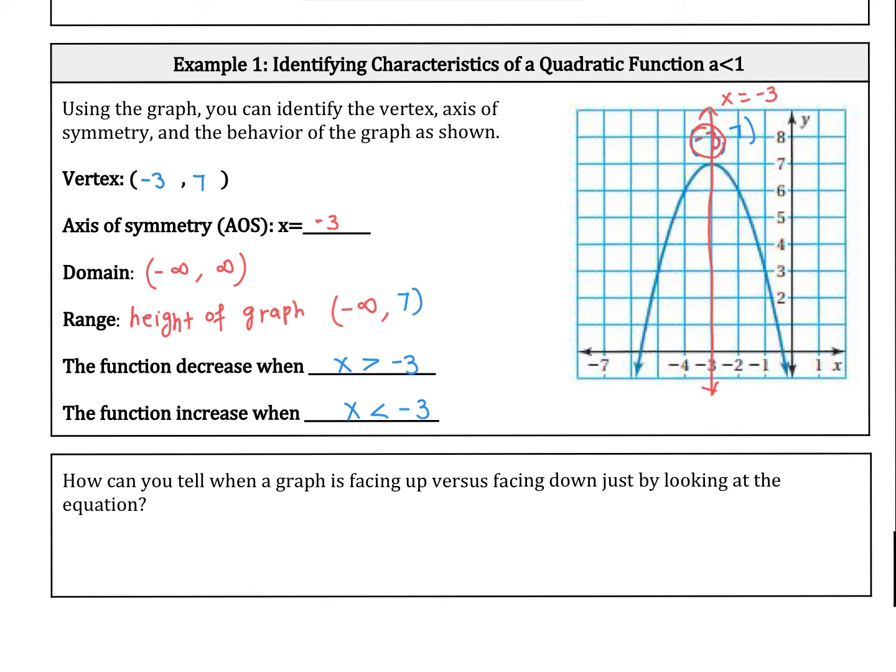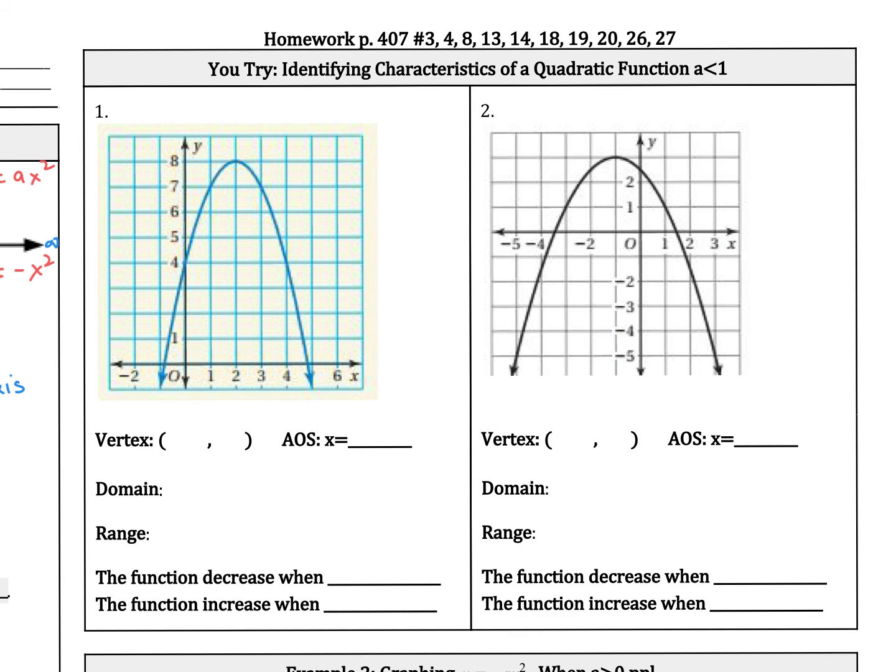If the function is x squared and the number in front is positive, the graph is going to face up. If the front number is negative, the parabola is going to face down. Next, try problems number 1 and 2, when the quadratic function a is less than 0.